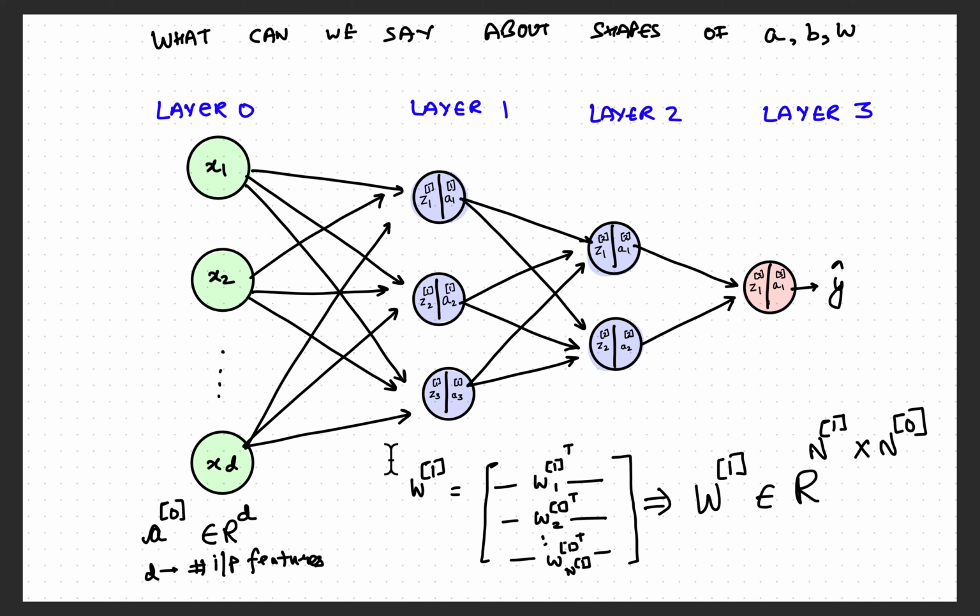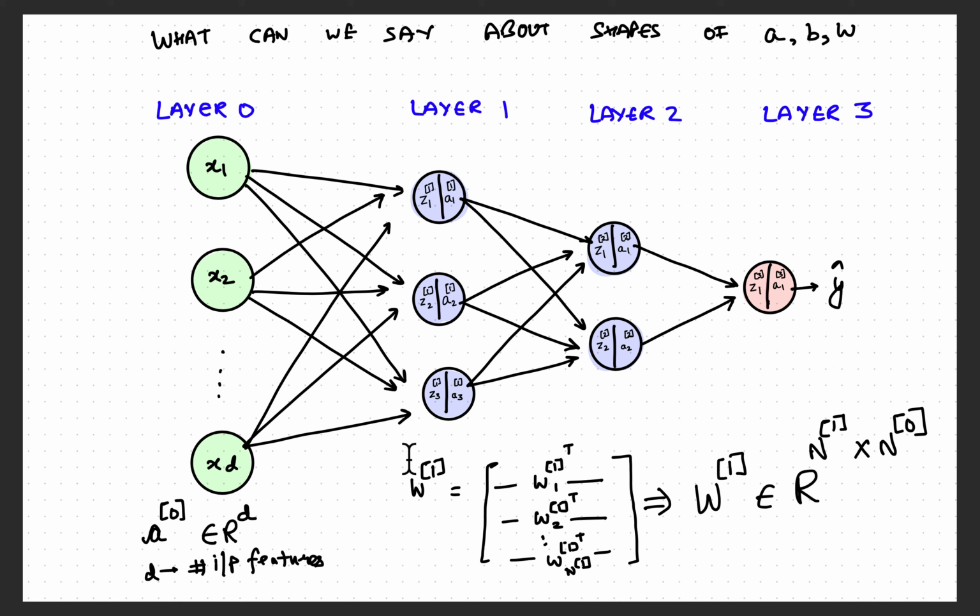And we've already seen that we can write capital W square bracket 1 as the weight matrix for layer 1, and this is going to be of the shape R capital N square bracket 1 times capital N square bracket 0. So basically the number of neurons in layer 1 times the number of neurons in layer 0.